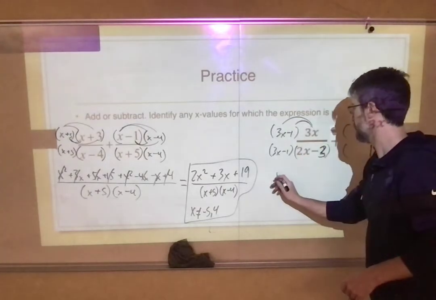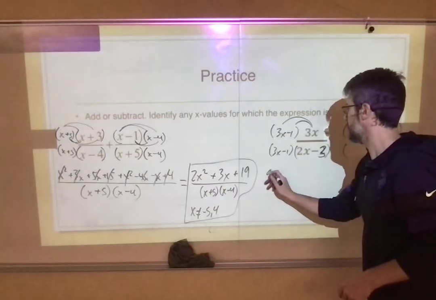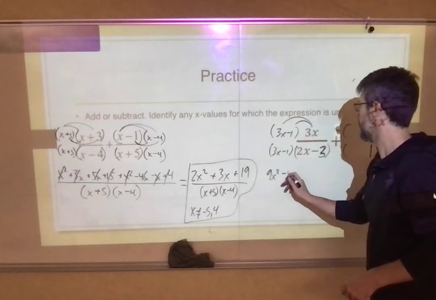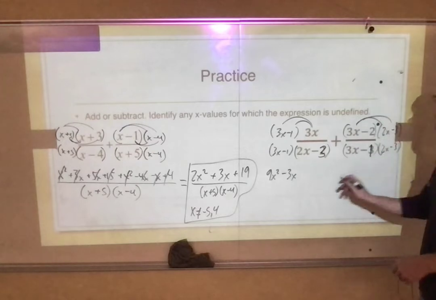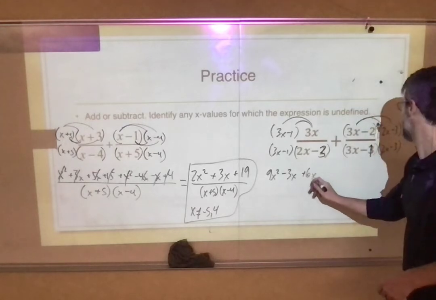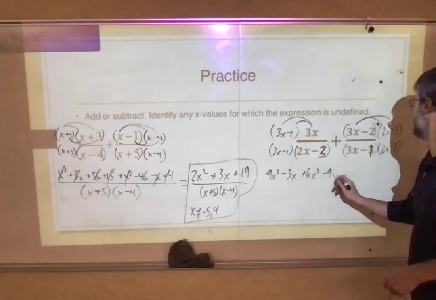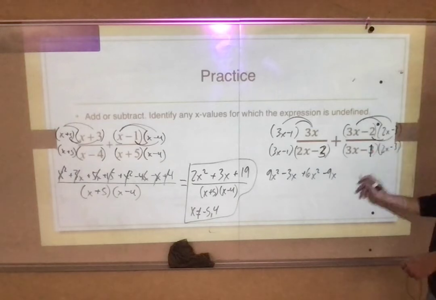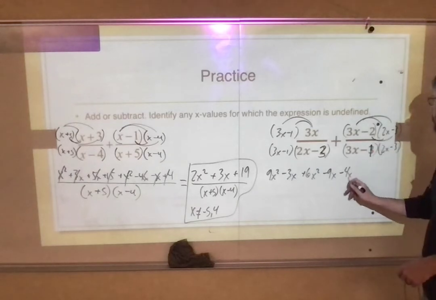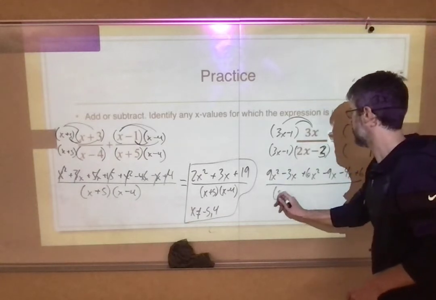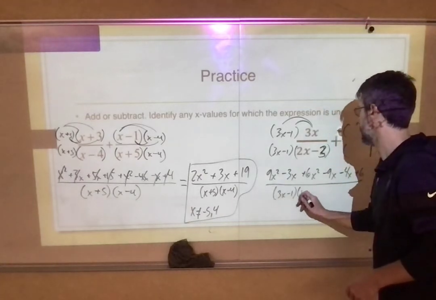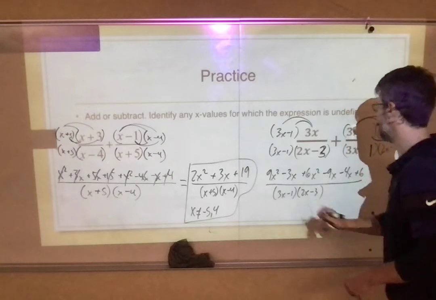Distribute here, and that's going to be 9x squared minus 3x. Foil here, 6x squared minus 9x, and minus 4x plus 6, all over 3x minus 1, 2x minus 3.